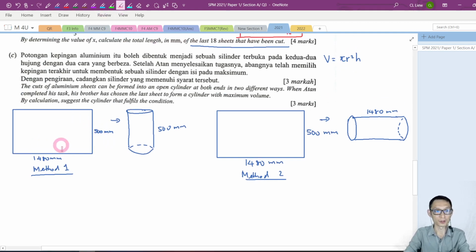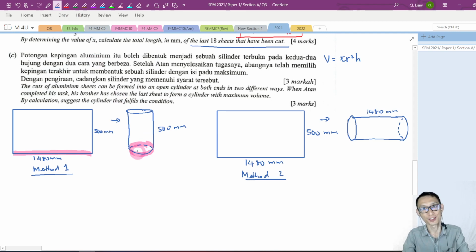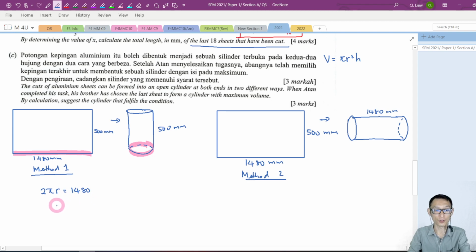If, for example, this one, for method 1, here will be the circumference of the base here, right? Okay. How do we get the circumference of a circle? 2 pi r. This means that 2 pi r is equal to 1480. So now, can you get the value of r?